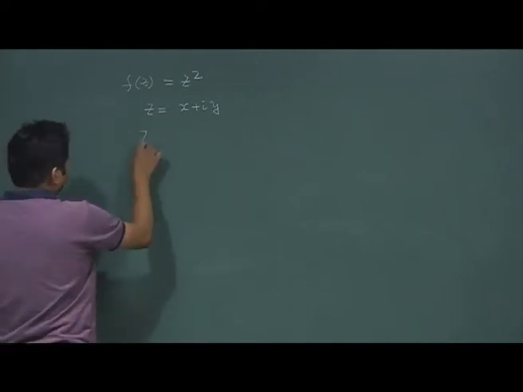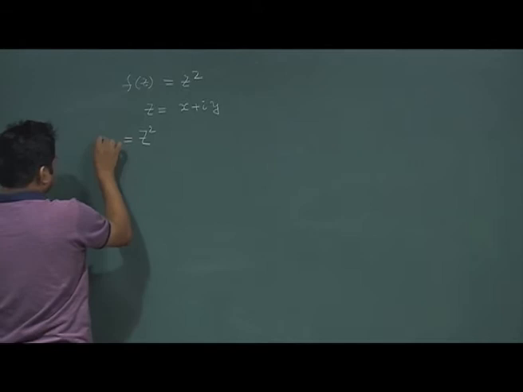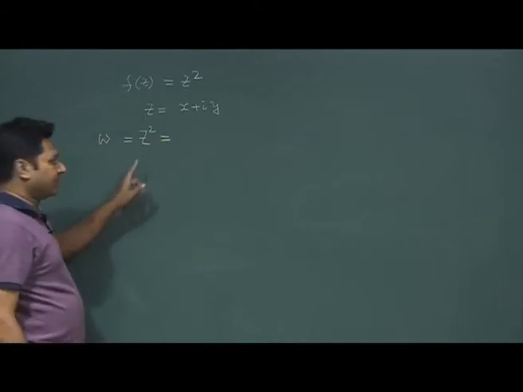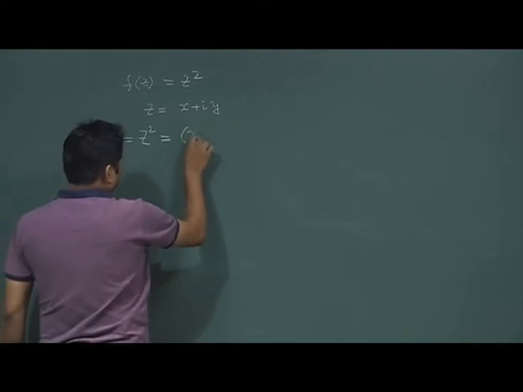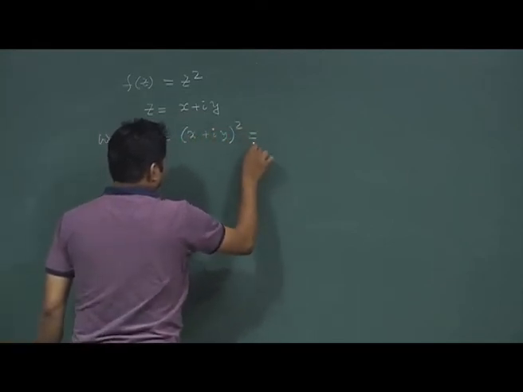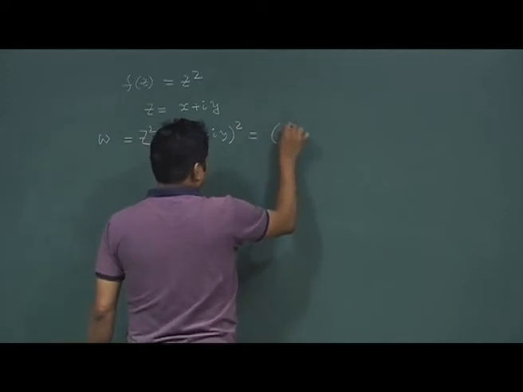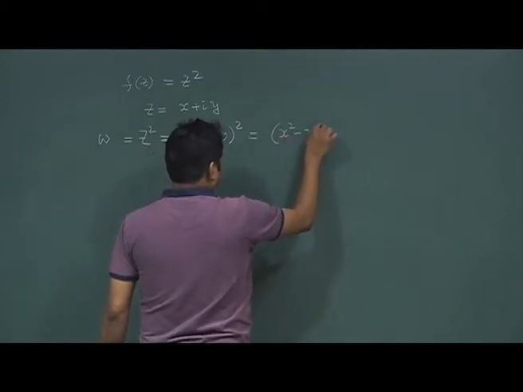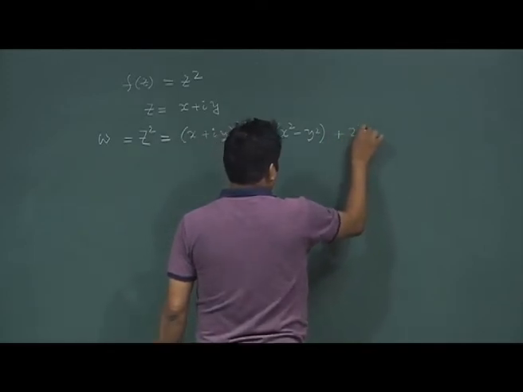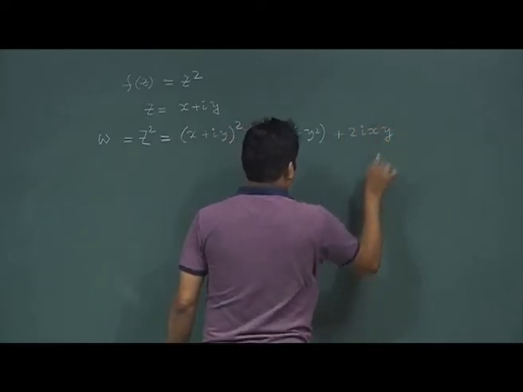What is my z square? By the way, z square is nothing but w. z square is (x plus iy) square, which is x square minus y square plus 2i xy.